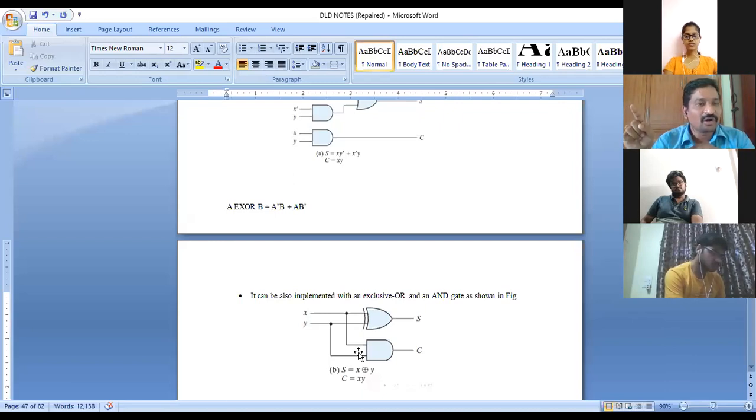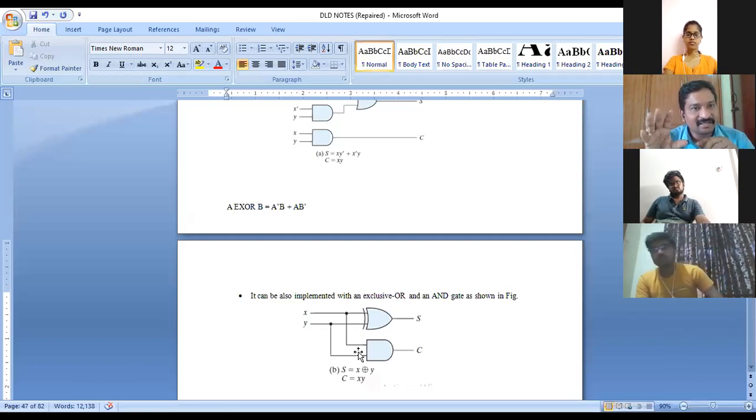You must also know how many outputs there are. For a half adder, we require two outputs: carry as well as sum. From that, design the truth table, then find the equations. After that, construct the logical diagram. So this is the final logical diagram for the half adder.